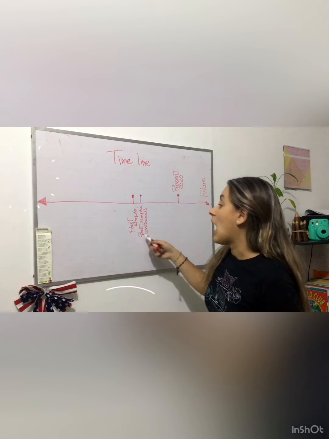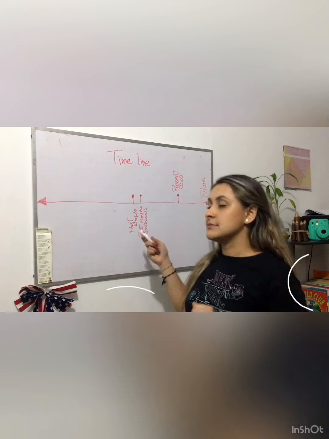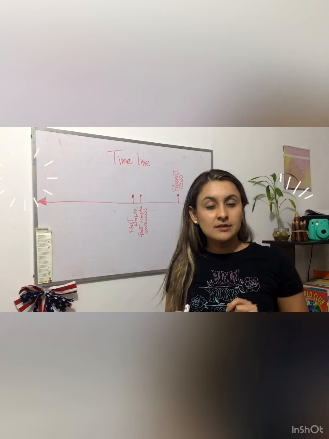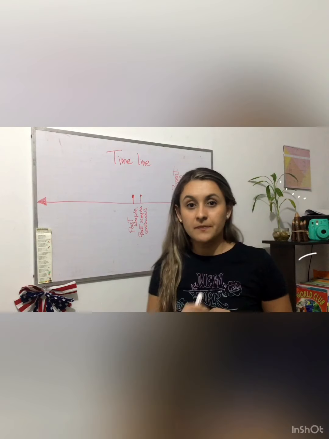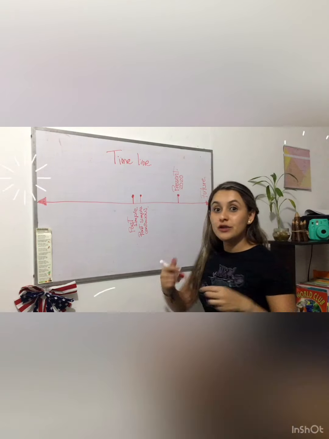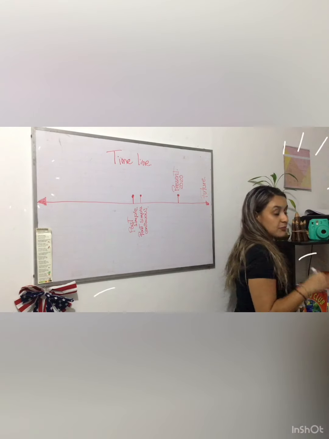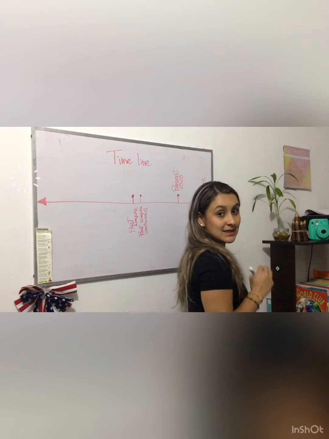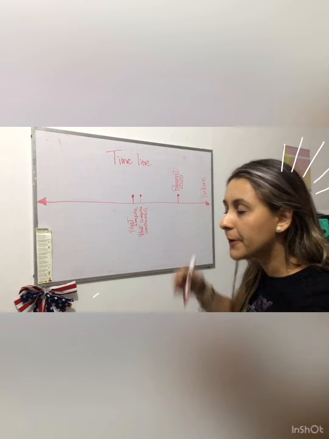Okay, I was driving, I drove. Okay, yo manejé, yo estaba manejando. We have two options. And then we go to the other past. Okay, this is the past. Okay, this is present, past, and past. So I have different stages. Tengo diferentes tiempos en el pasado.